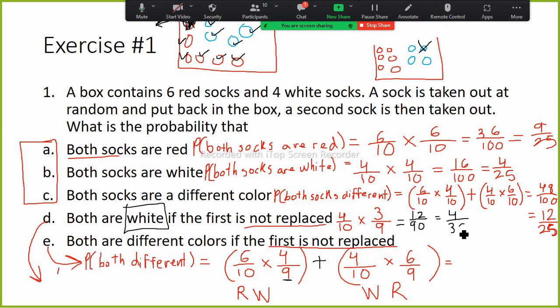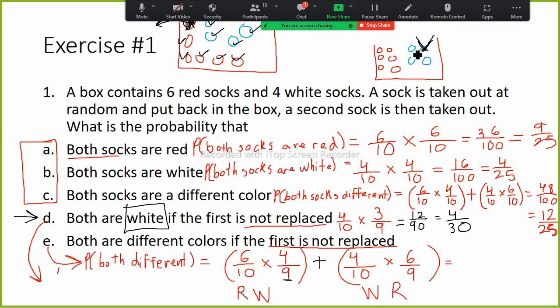Okay, so if you understand D, you could understand E. So let me explain D again. For D, remember, we're trying to get the first one to be white. It was 4 whites in total and 10 socks overall. So we remove 1 sock because we already took that white sock out.